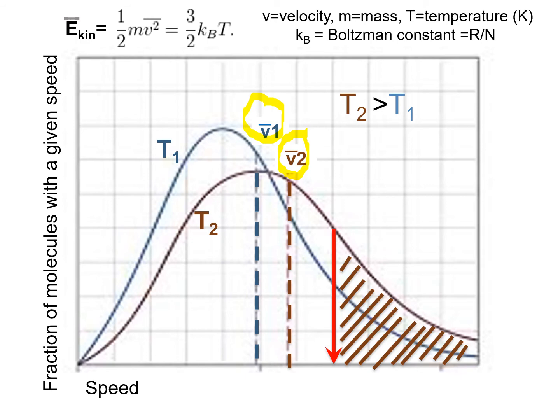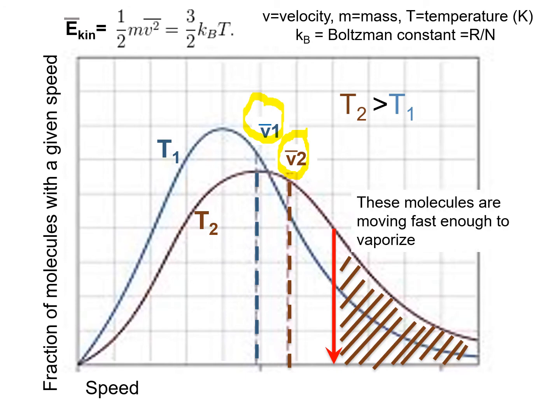So if we look for the value of kinetic energy, and therefore velocity, that's necessary to evaporate, right? In this type of distribution curve, the area below the curve after that specific value of energy, the area that's been highlighted here, gives us the total number of molecules that have an energy or a velocity equal to that threshold or larger.